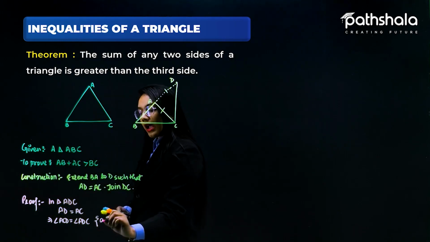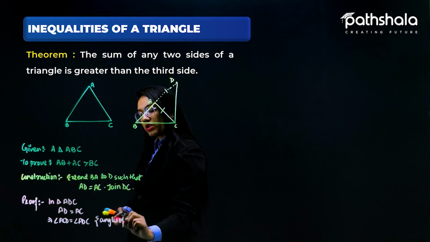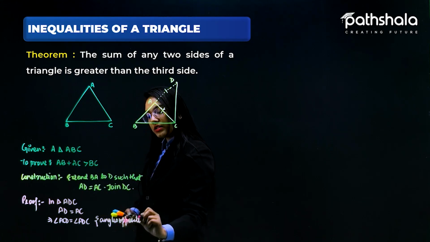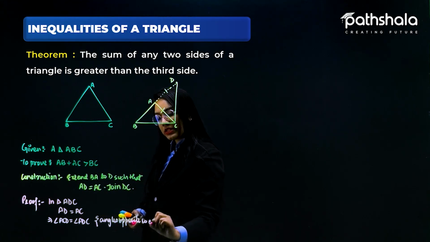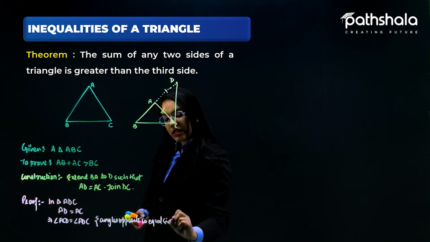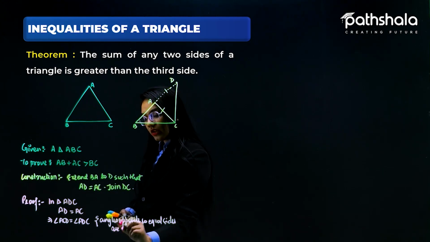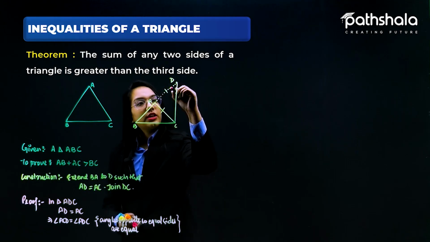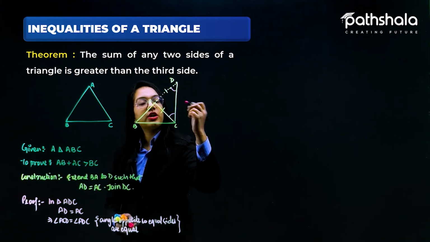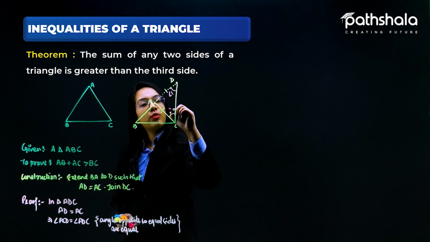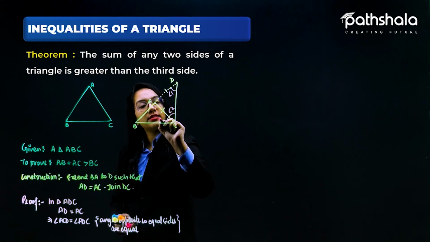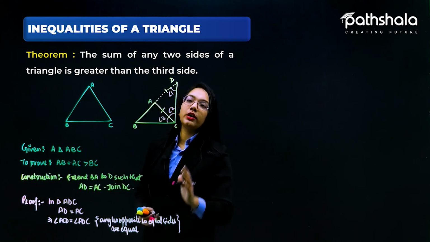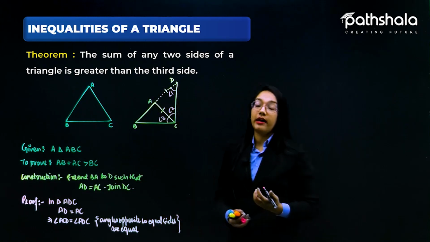Because the angles opposite to equal sides are always equal. Hence these two angles are equal to each other. Let us call them angle 1, angle 2 and angle 3.